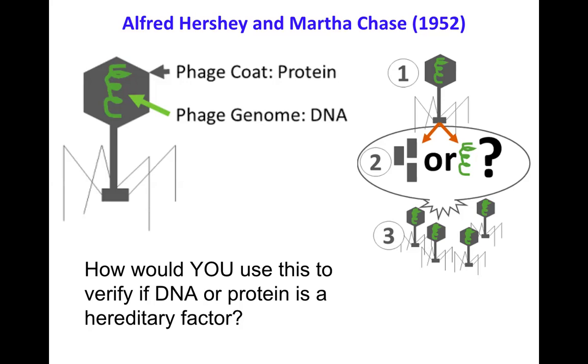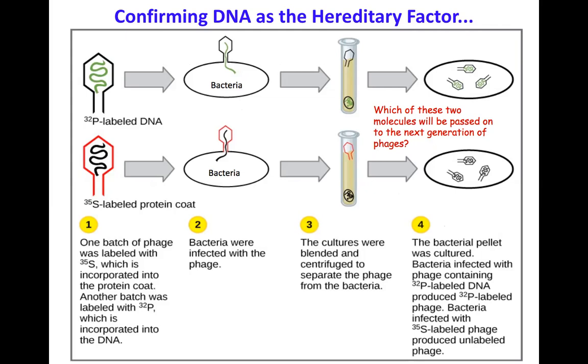Now, what they suspect is that whatever actually enters the bacteria cell is the genetic material that you're really looking for, responsible for the genetic material that can be passed from one generation to the next. So what did they do? Well, Hershey and Chase used 2 different tags.